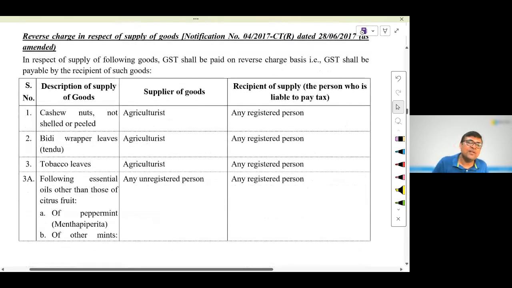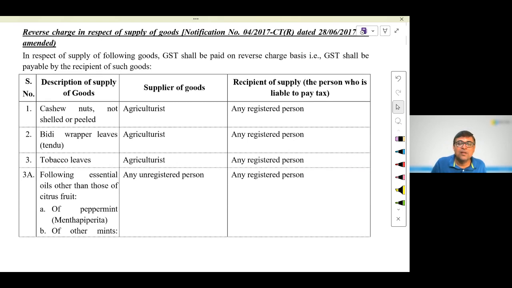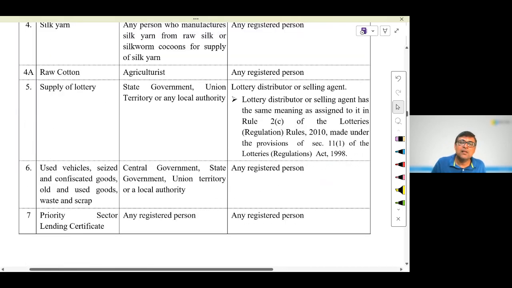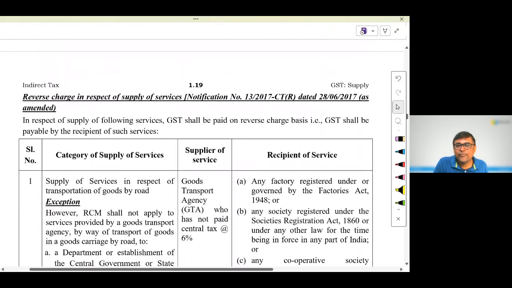A separate notification is there for reverse charge on goods. These goods, subject to these conditions, are liable for reverse charge. That means the recipient of these goods is liable to GST. In respect of services, another notification is there.